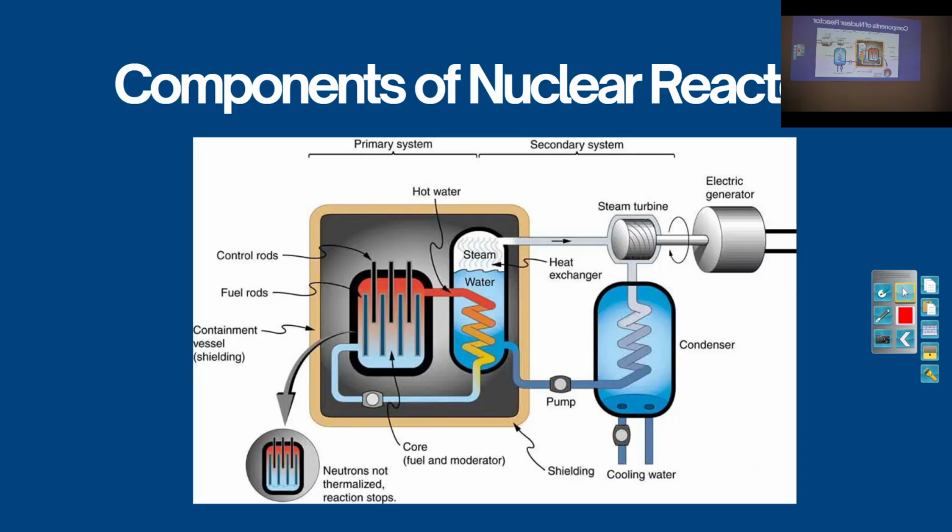The core of the nuclear reactor houses the fuel, that is uranium 235 pellets, contained in long thin metal tubes called fuel rods.